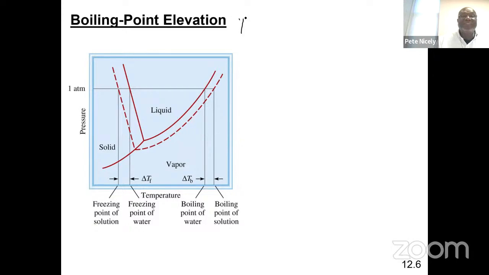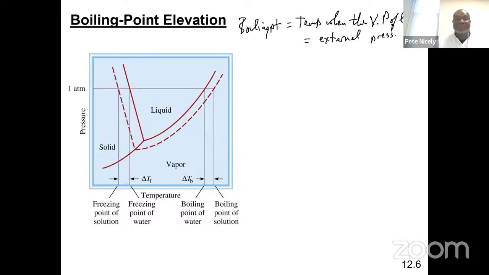The boiling point is the temperature when the vapor pressure of the liquid is equal to the external pressure. All right? That's the definition of the boiling point.